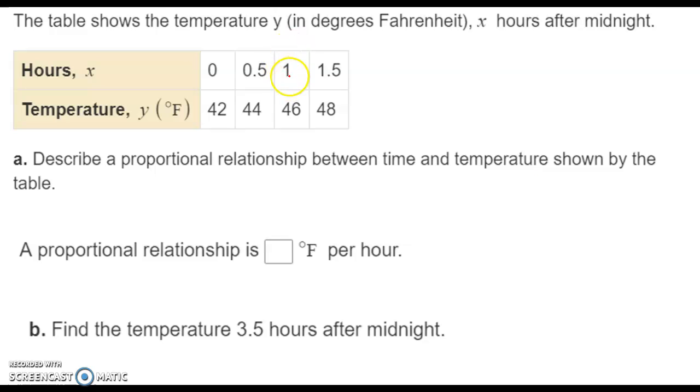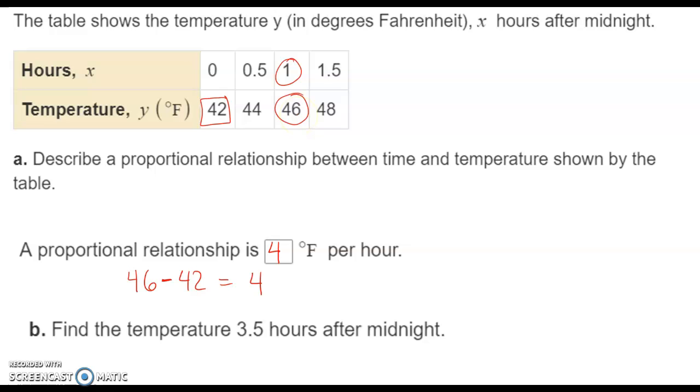So I look here, after 1 hour, it's at 46 degrees, and it started at 42 degrees. So if I do 46 minus 42, that tells me it goes up 4 degrees per hour. So this answer right here would be 4. So where it started at 0 is a 42. So after 1 hour, it'd be 46.